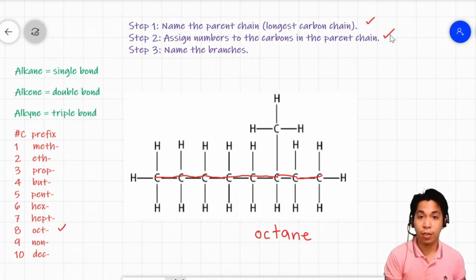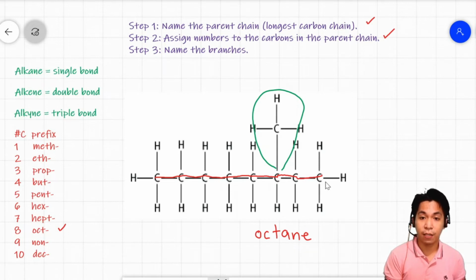Next is to assign the numbers to the carbons in the parent chain. But the decision is where to start, which end. The answer depends on the location of the branch. Since the branch here, this carbon atom, is located on the right side, we will start counting from the right.